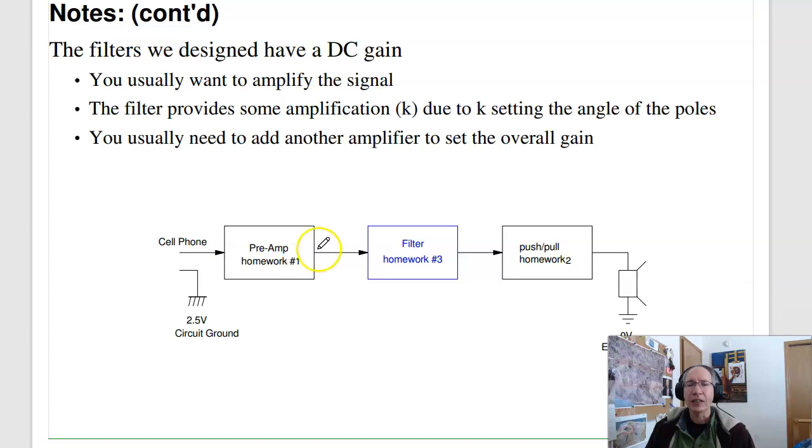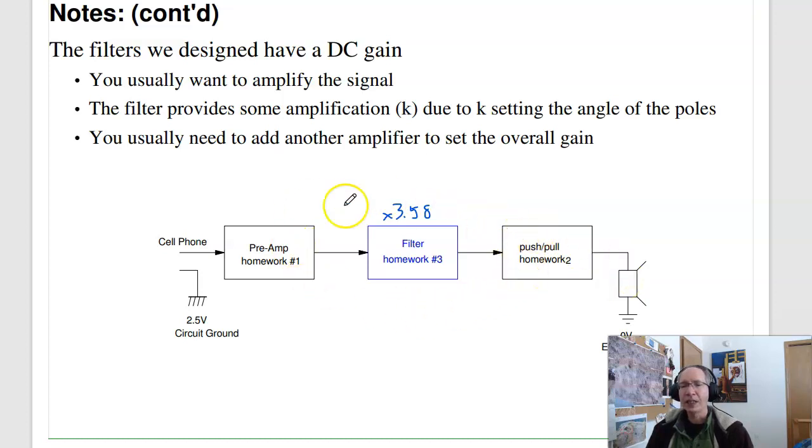And finally, the filter that we designed has a DC gain. I think this had a gain of 3.58. It's supposed to have a gain of 1. I could get rid of this gain, but actually, I might as well live with it. Overall, for example, what we're doing in this course, we're going to take something like your cell phone, have a preamp to get it to a higher level, filter it, and drive a push-pull amplifier to drive a speaker.